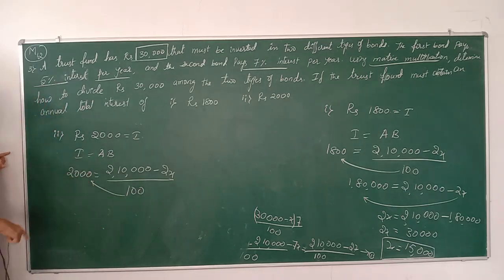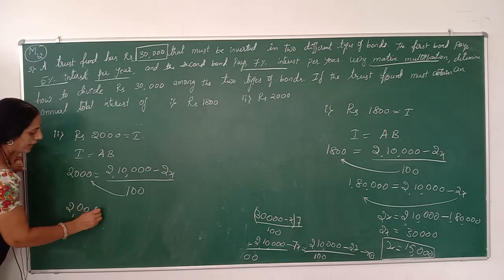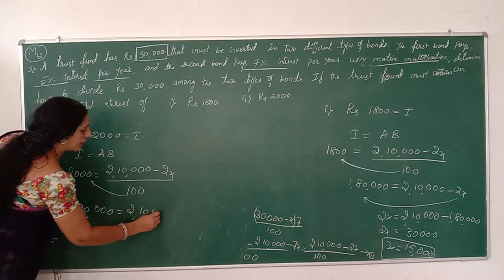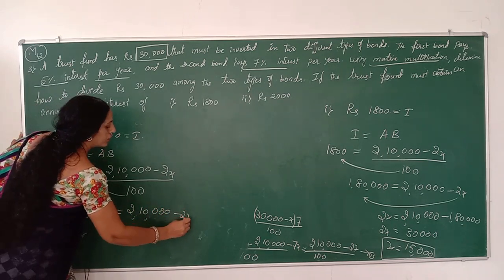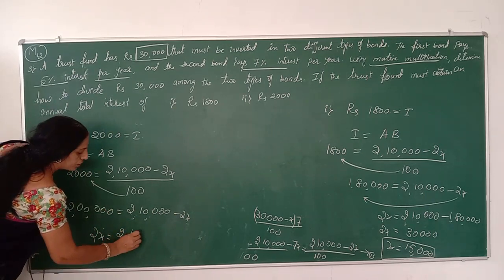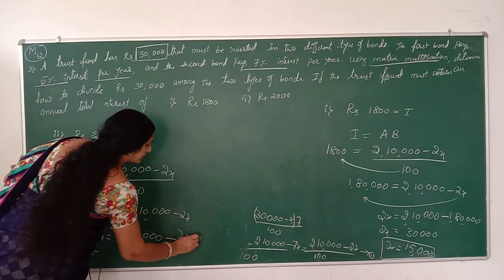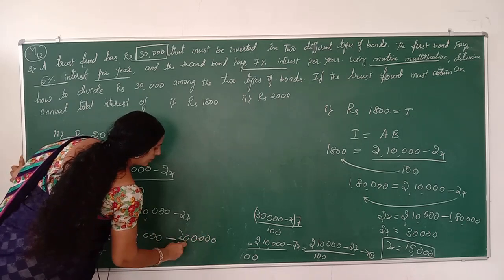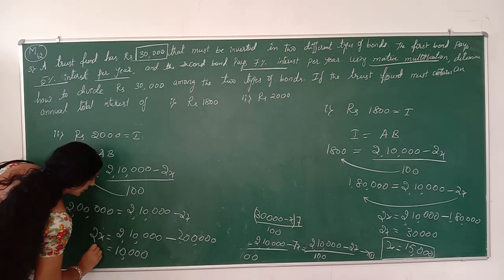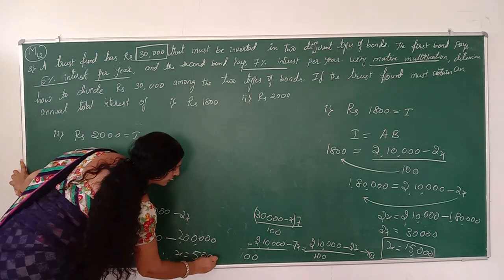Cross multiplying, 2,000 into 100 is 2 lakh, equal to 2,10,000 minus 2x. Therefore 2x is equal to 2,10,000 minus 2 lakh. The subtraction is 10,000, that is 2x. Therefore x is equal to 5,000.